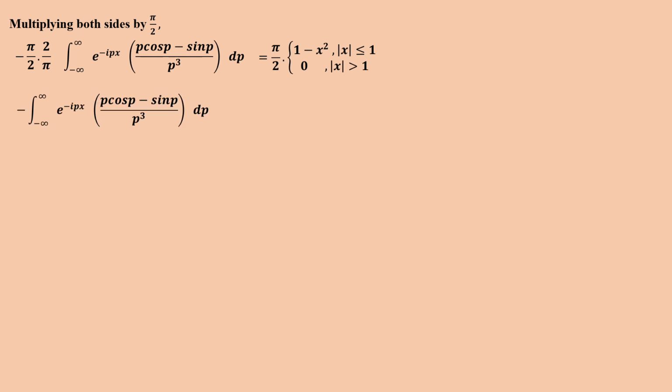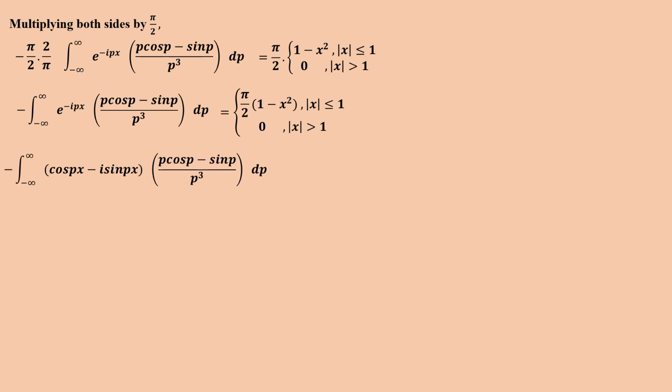Multiplying pi by 2 with each term on the right hand side, pi by 2 into 1 minus x square when mod x is less than or equal to 1, then 0 when mod x is greater than 1. On the left hand side pi and pi cancel, 2 and 2 cancel, so you will get minus integral from minus infinity to plus infinity e power minus ipx, p cos p minus sin p by p cube dp, which is equal to pi by 2 (1 minus x square) for mod x less than or equal to 1, 0 for mod x greater than 1.